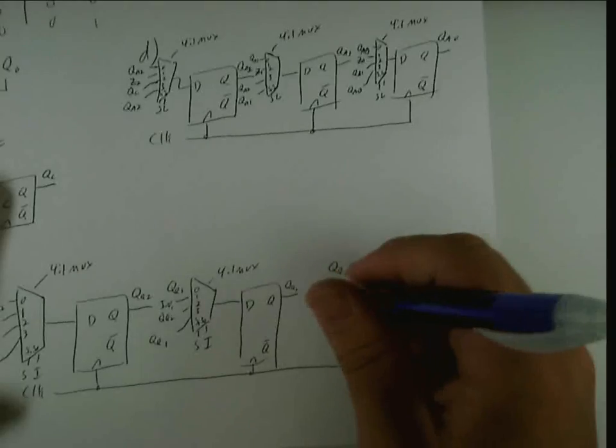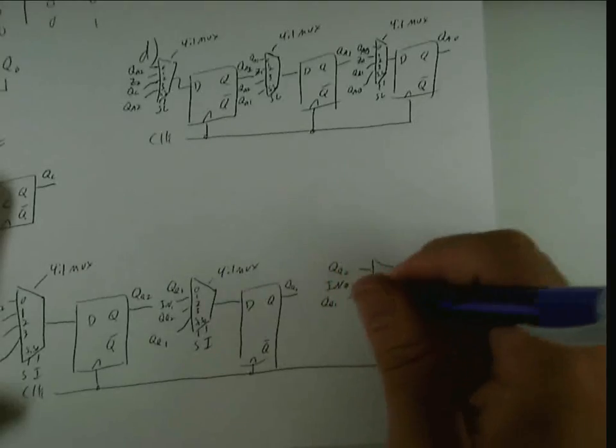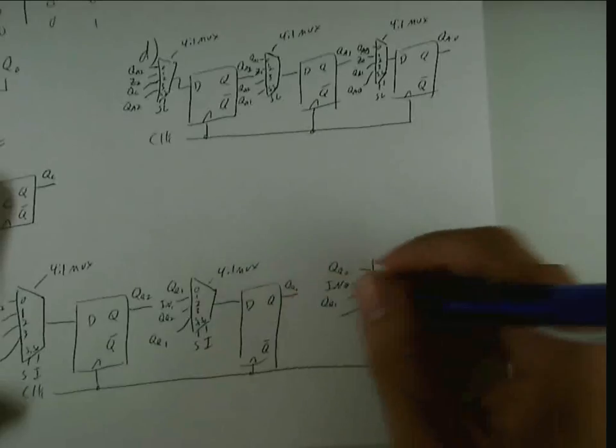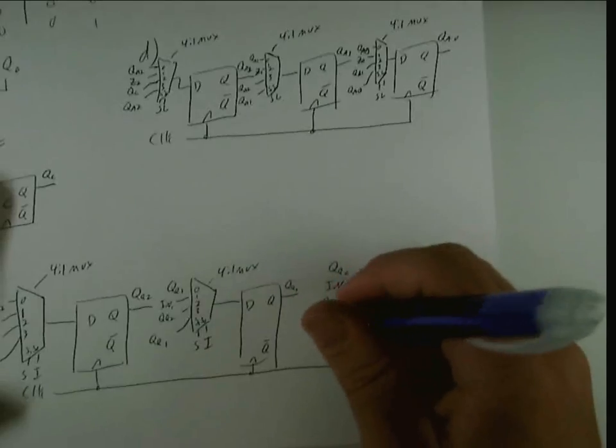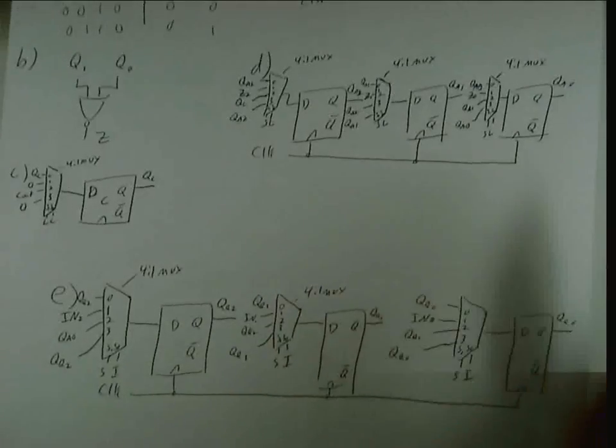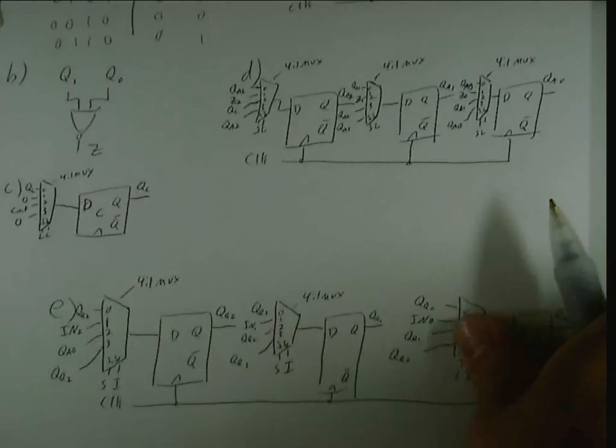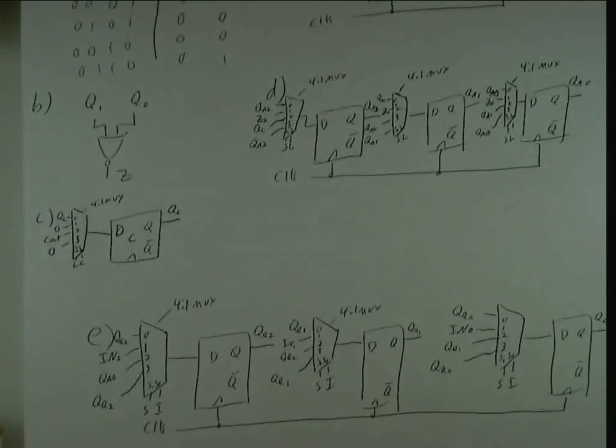When we want to do the shift, we do QQ1, and for this final one, we just want to keep things the same, so we do QQ0. And that's parts A through E, and for F, I need to grab another sheet of paper.